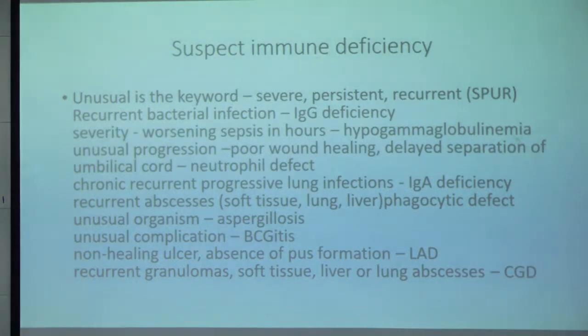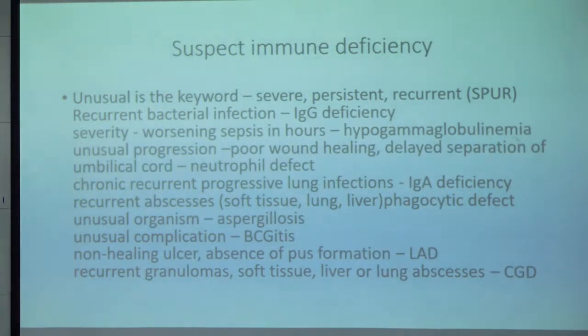Well, the ulcer is not healing, but there is no pus formation at all. So severe inflammation, polymorphonuclear leukocytosis, but no pus, typical leukocyte adhesion defect. And finally, the recurrent granulomas, soft tissue, lung, liver, whatever, I already said, it's a chronic granulomatous disease.